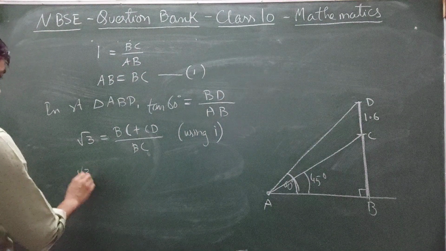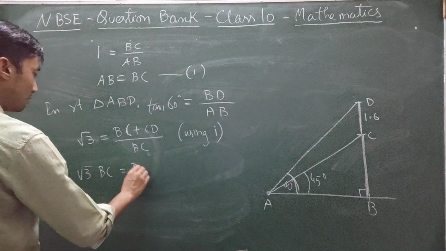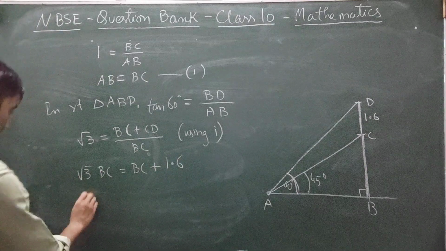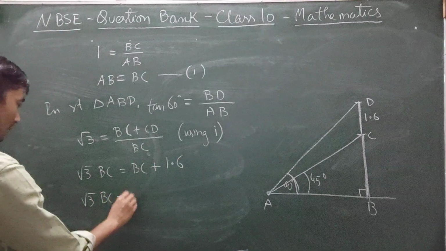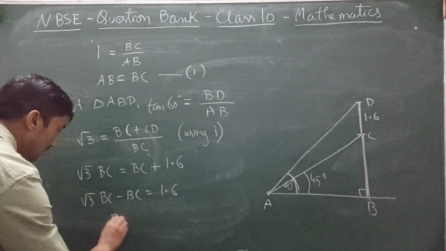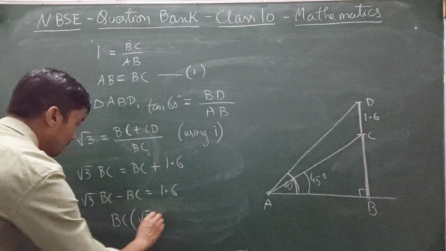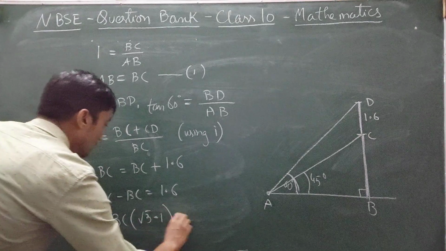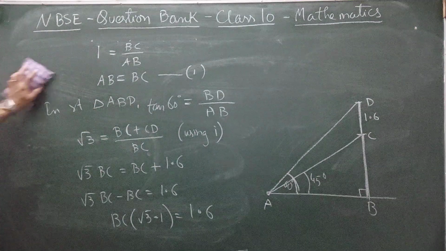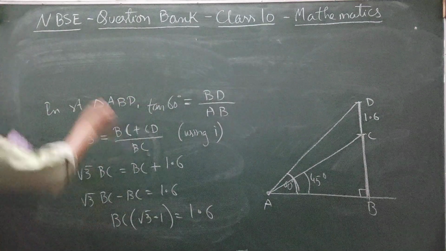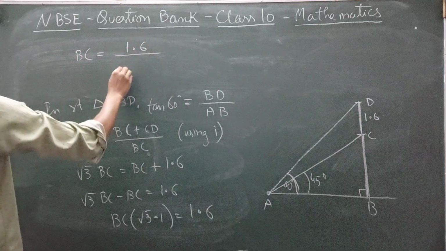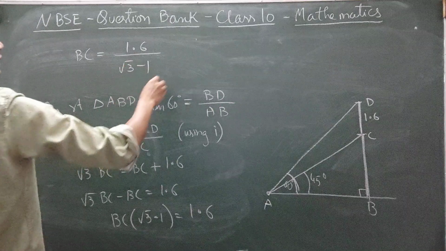So that's going to be root 3 BC is equal to BC plus CD, which is 1.6. So root 3 BC minus BC is equal to 1.6. Taking BC common, I will have BC times root 3 minus 1 is equal to 1.6. So BC will be equal to 1.6 divided by root 3 minus 1.